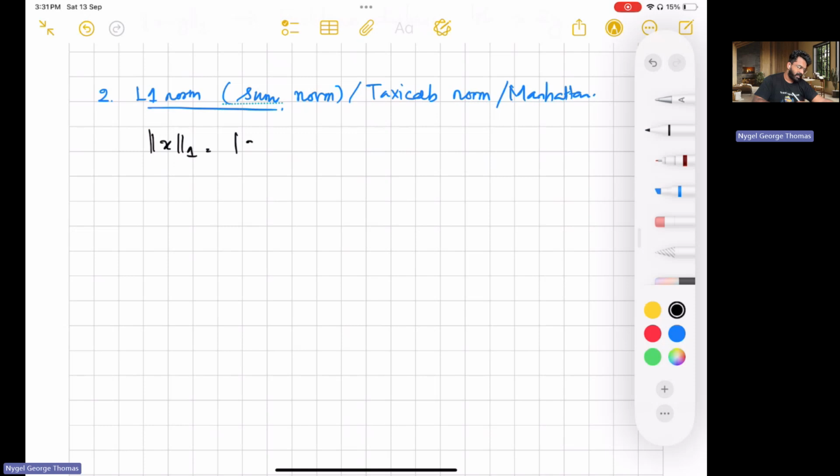The L1 norm is given by, no squares here, we're taking the modulus of each component of the vector and adding them together. This is also a vector norm. We can prove that this norm satisfies all the properties of a vector norm, that is non-negativity, positivity, homogeneity, and the triangle inequality.